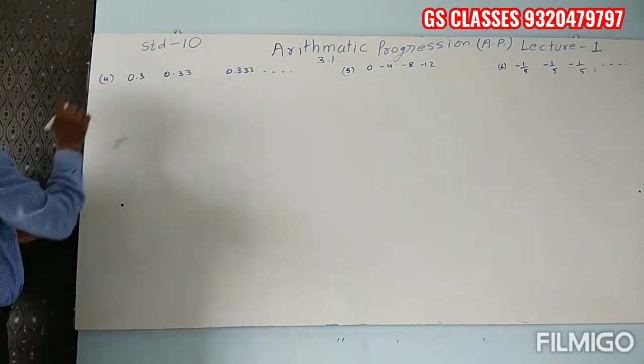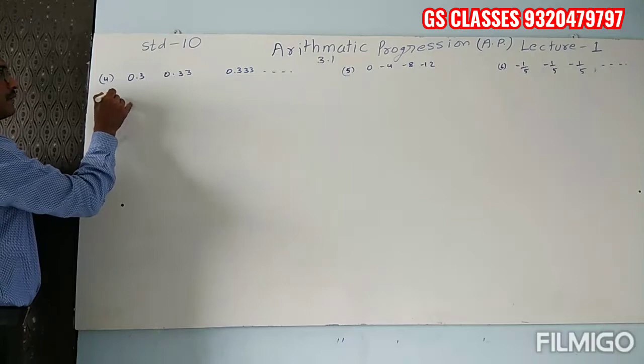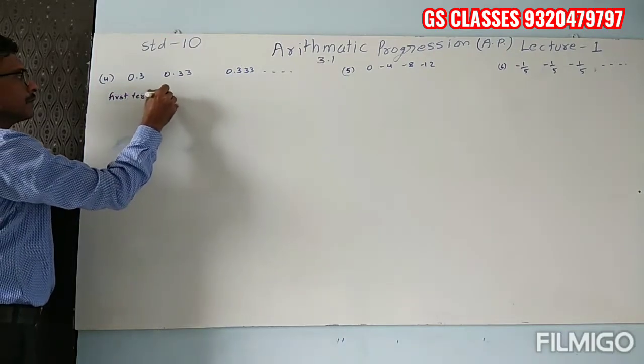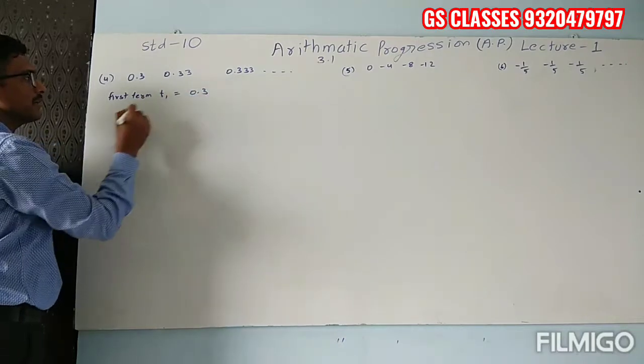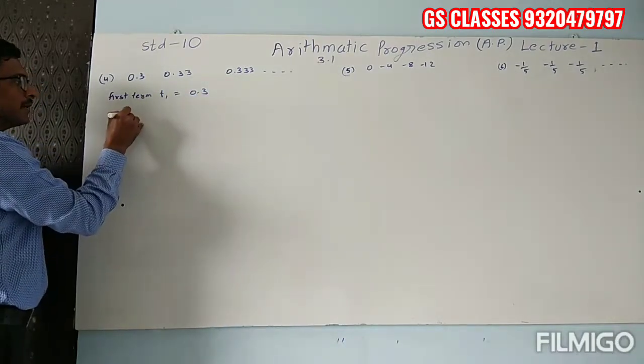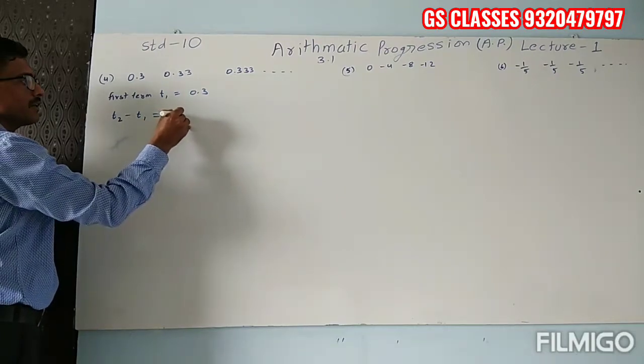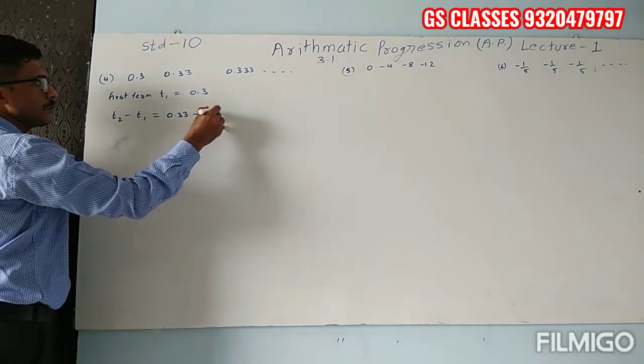This is the fourth question of your textbook. We will write first term T1 equals 0.3. So second term minus first term will become 0.33 minus 0.3.